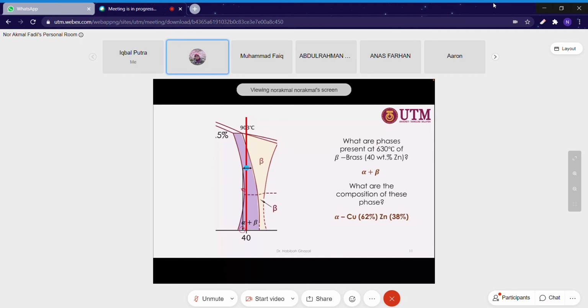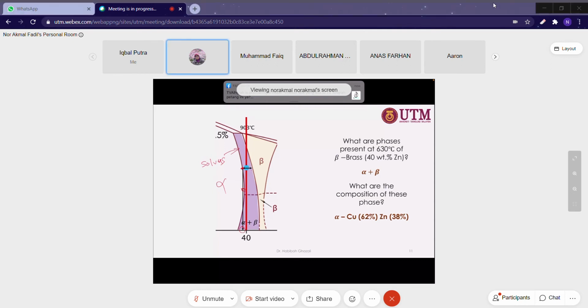Over here is alpha, so the intercept between the tie line and the solvus line, this is solvus, because it separates two phases of solid, solvus line. So we can read this line, since it is alpha here, this is the composition of alpha, and this is beta on the right side, so this is the composition of beta.